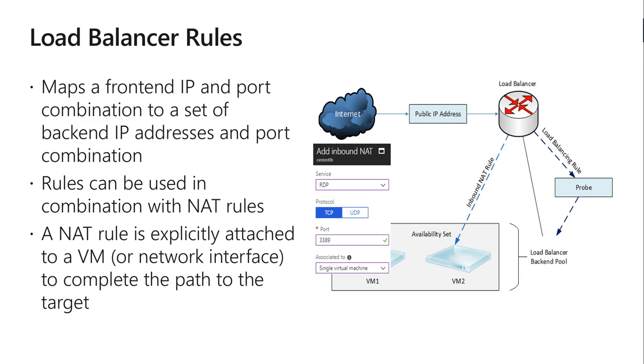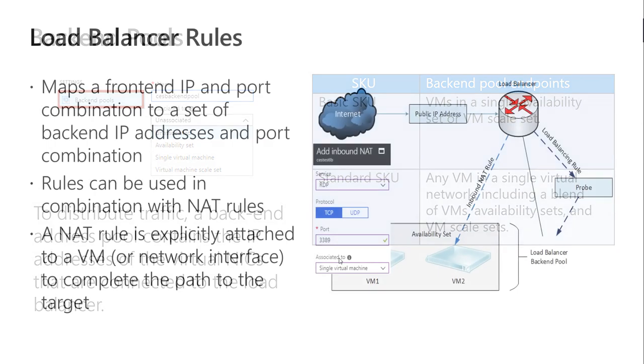So here's a rule that passes front end TCP connections to a set of backend SQL servers, port 1433. The rule uses a health probe that checks the TCP, what's the number I just said? 1433. So it's bad memory.